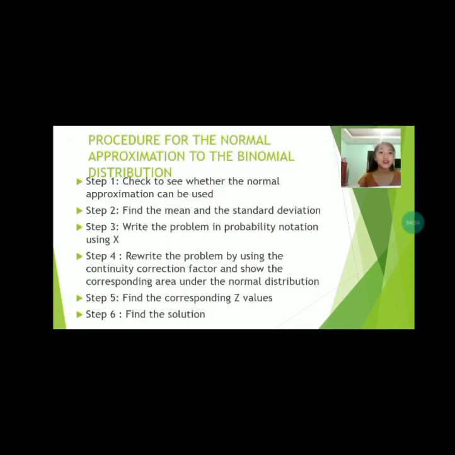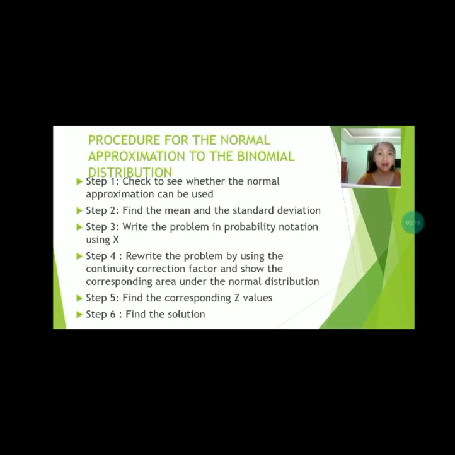So the procedure for the normal approximation to the binomial distribution has 6 steps. In step 1, check to see whether the normal approximation can be used. Then find the mean and the standard deviation.